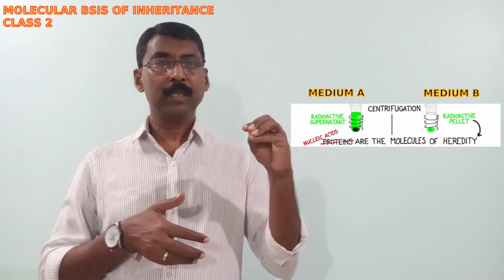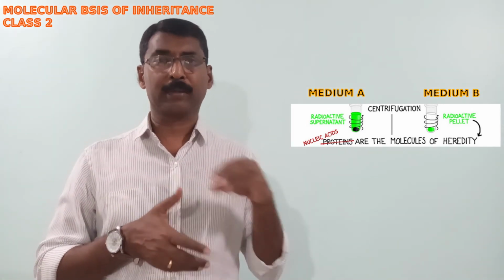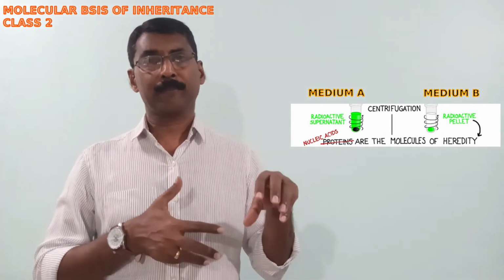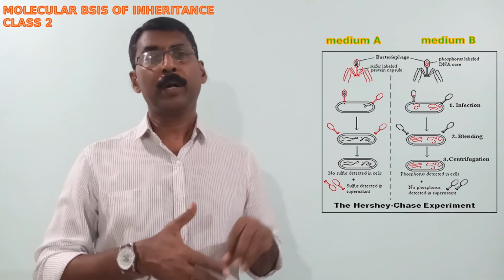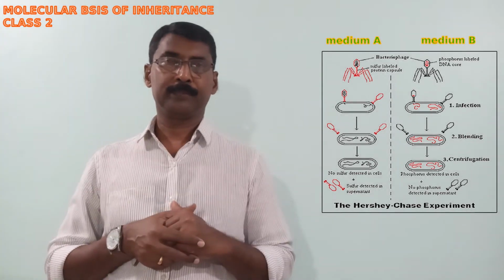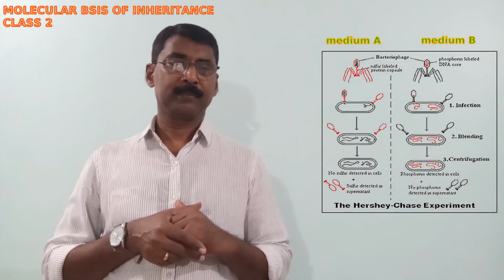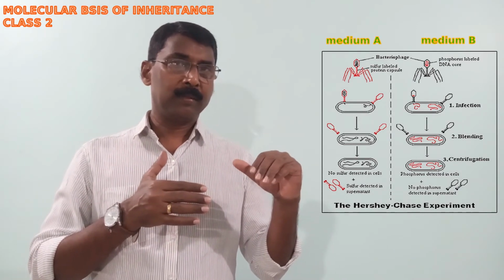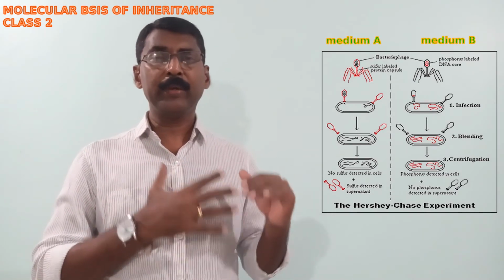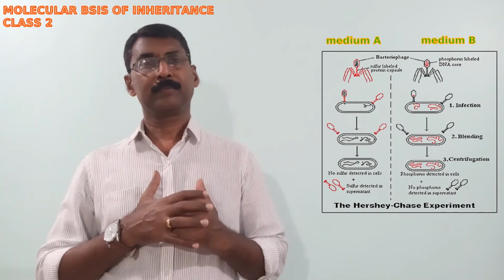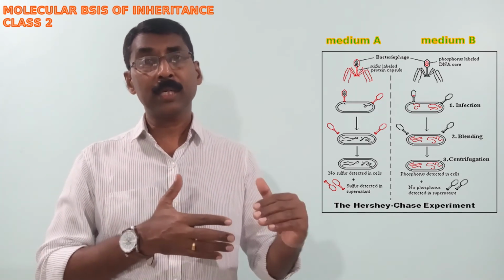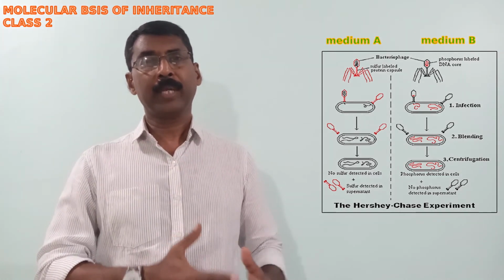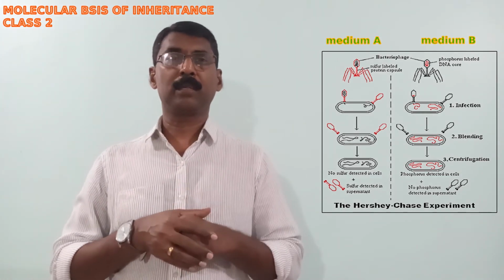In the culture medium, there was radioactive phosphorus, and phosphorus is a part of the DNA. So the reason for the radioactivity in the sediment is the presence of the radioactive phosphorus in the DNA that went into the bacterial cell.